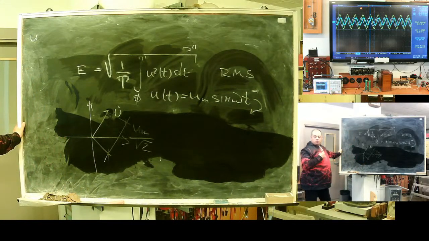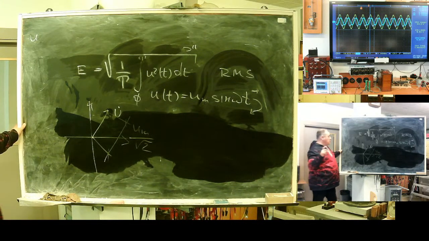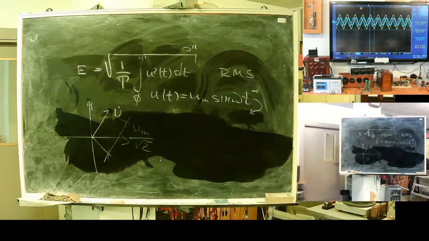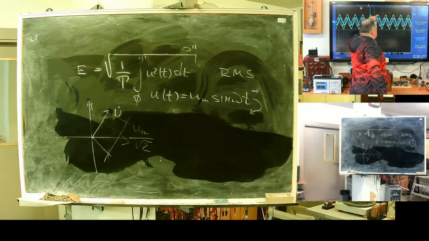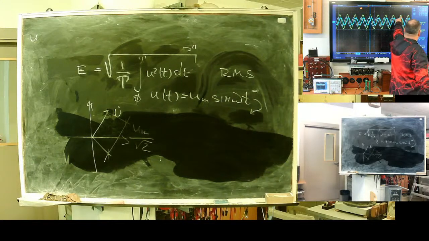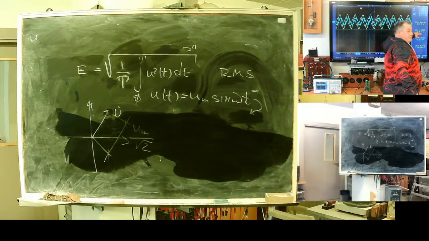To make calculus simple, they do a trick. They change the scale of the complex plane. In general, this should be U max, this distance, 23 volts. But to make calculus simple, it's a background convention. Let's assume that the vector's size is not the amplitude, but the RMS size.